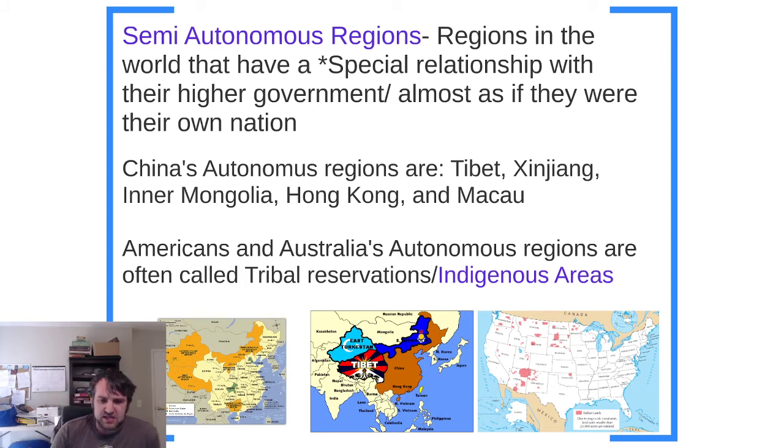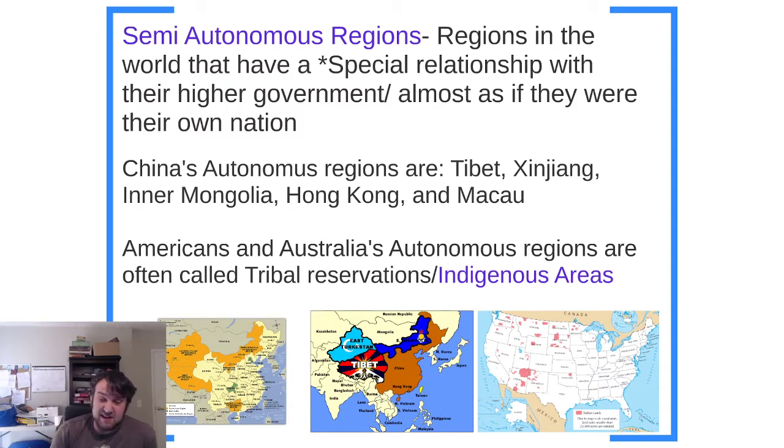The examples I'll present to you guys are China, the United States, and on the next slide, Australia. I know Russia is also another good example of this, and also India. But there's so many different peoples, and they kind of want to have their own different rules and maybe their own different laws. And so the federal governments of these bigger countries, they kind of give some exceptions to the rule on certain parts of the country.